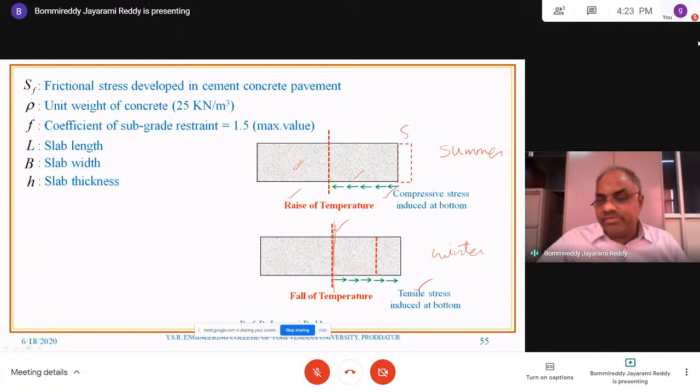It is the midline of the slab or even the edge also. From this edge to that edge, it may be center or one fourth or even the edge. So maximum frictional stress will occur at the center. And what is the frictional resistance at this particular edge? Frictional resistance at this edge is equal to 0 because that is the free point.